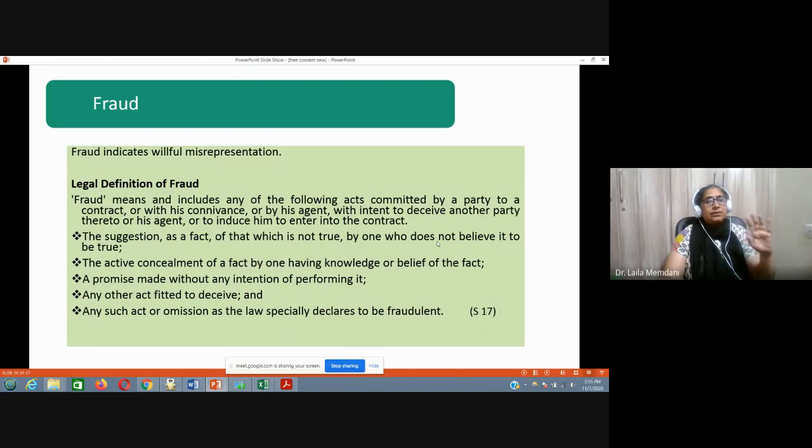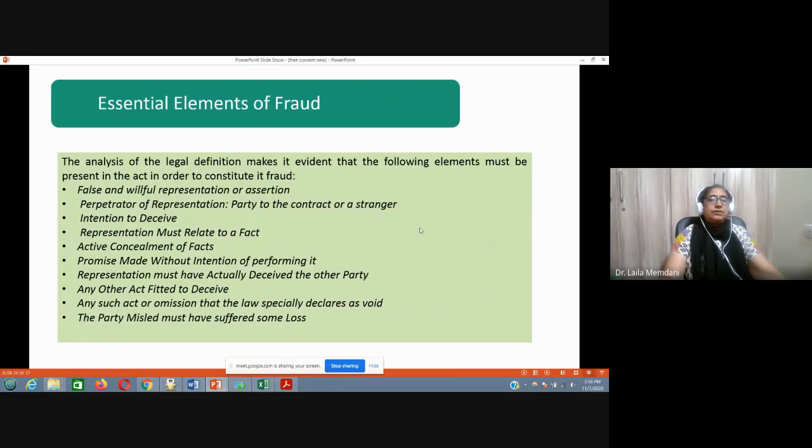Active concealment of fact, that is hiding of fact, by one having full knowledge or belief of the fact, a promise made without any intention of performing it, any other act fitted to deceive, and any such act or omission as the law specifically declares to be fraudulent.